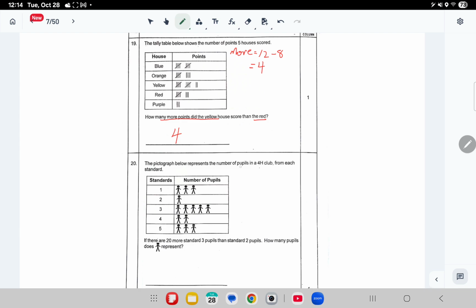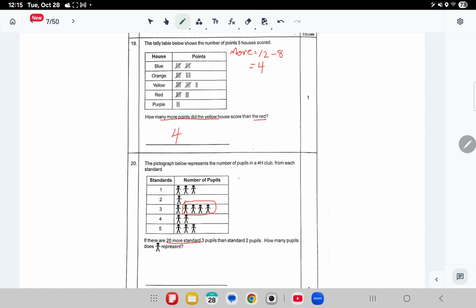The pictograph below represents the number of pupils in a 4-H club from each standard. So we have standards 1 to 5. If there are 20 more standard 3 pupils than standard 2 pupils, how many pupils does one of this graphic represent? Looking at this, we could see there are 4 more graphics for standard 3 than standard 2.